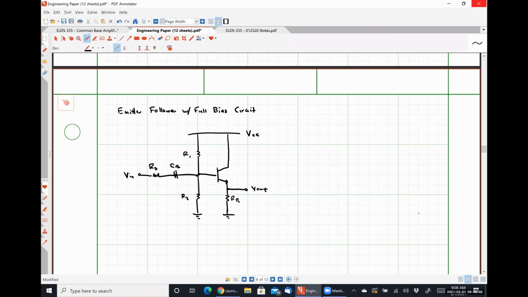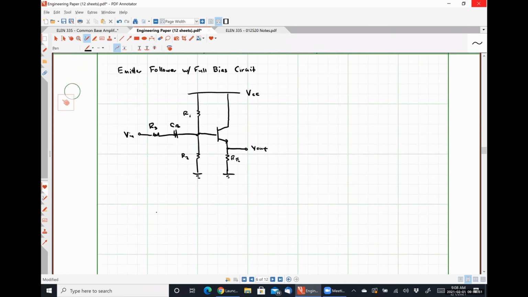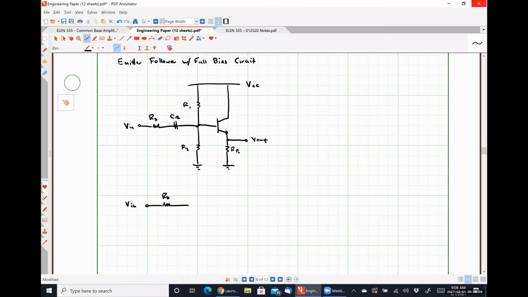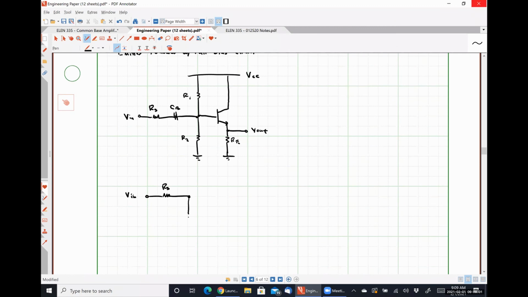So we would see them as in parallel. So the small signal model, simplified version, would look something like this, where we have our source resistance RS, here is R1 in parallel with R2, here's RE, and here's V out.